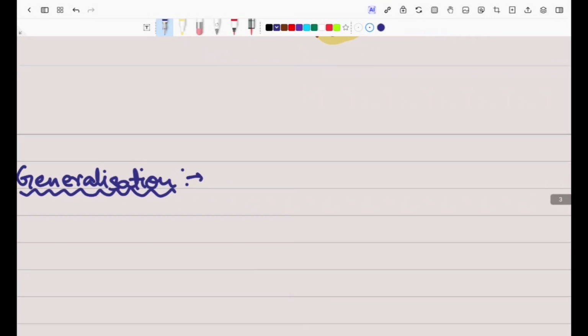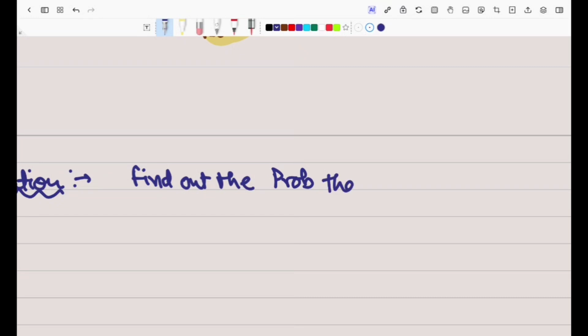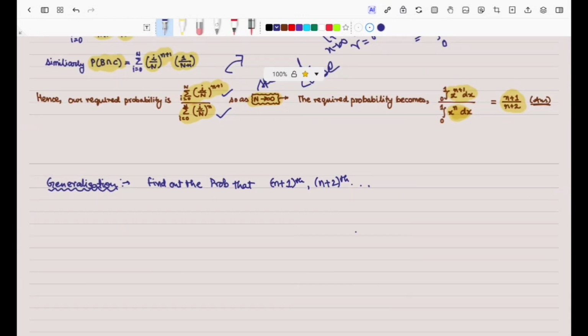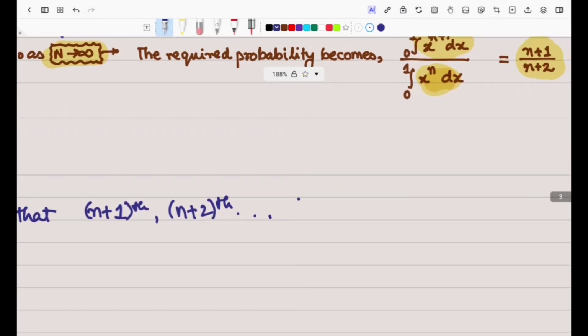So the generalization is: find out the probability that the n plus 1th, small n plus 1th, n plus 2th, up to the n plus mth ball is black.